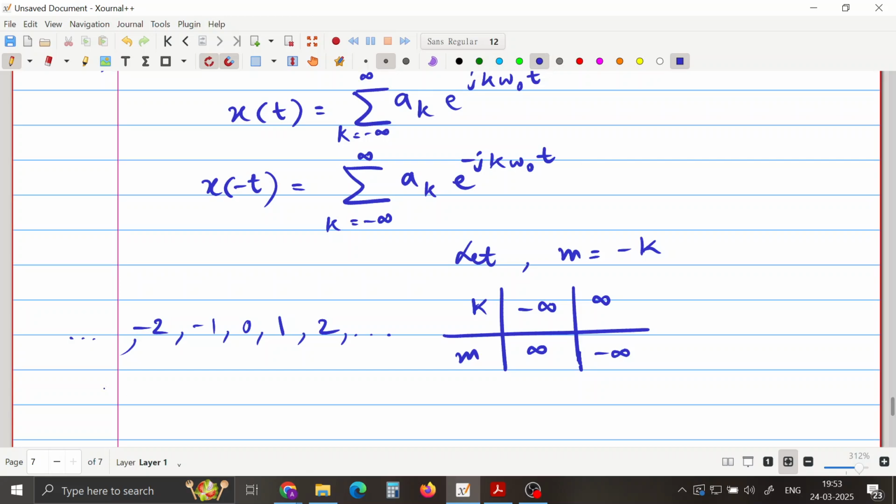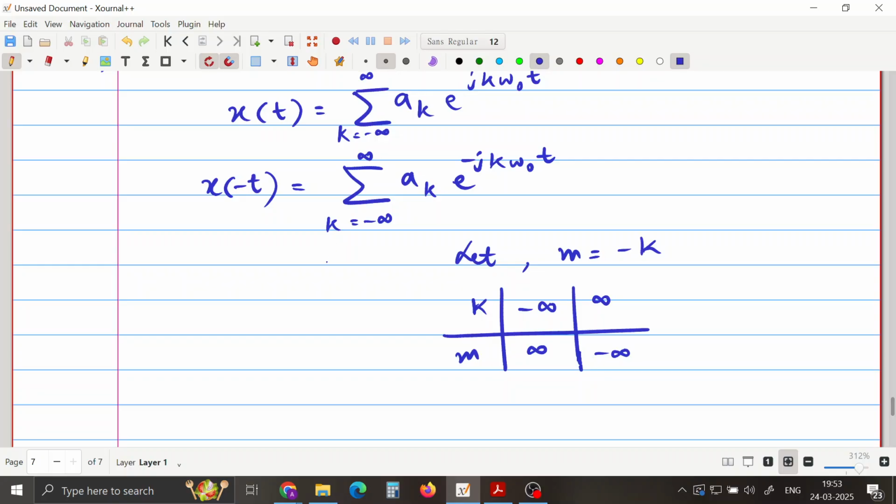This will also give you plus 2, plus 1, 0, minus 1, minus 2, same thing. It's just that in one case you are going from minus infinity to infinity, in the other case from infinity to minus infinity. That's it.